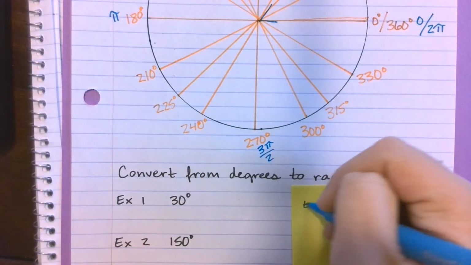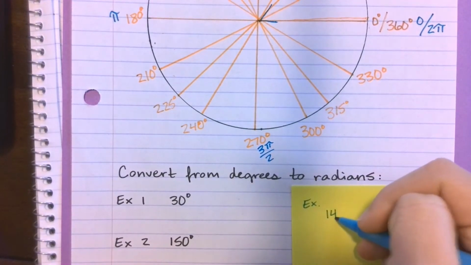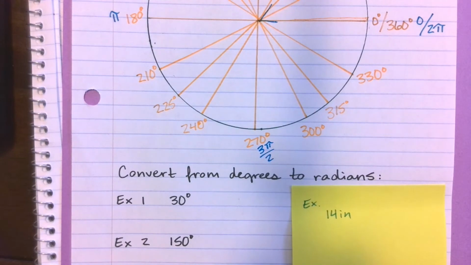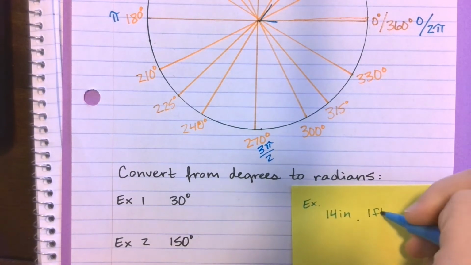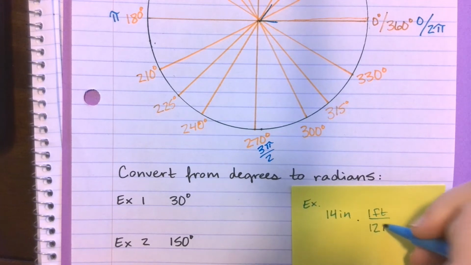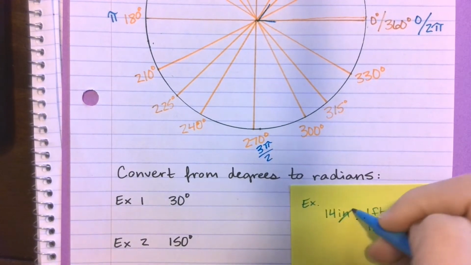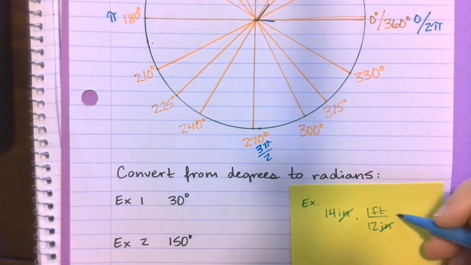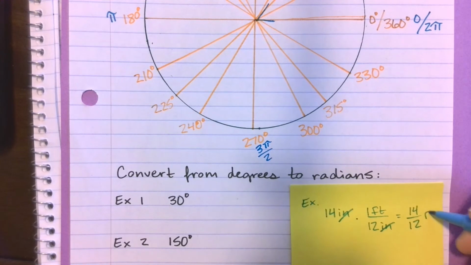So for example, say I had 14 inches and I wanted to know how many feet that was. I would just multiply it by the unit ratio that relates inches and feet. So I would say that 1 foot is equal to 12 inches. I always want to make sure that my units are across from each other, because then they're going to cancel. And then I would get that my 14 inches is 14 over 12 feet.